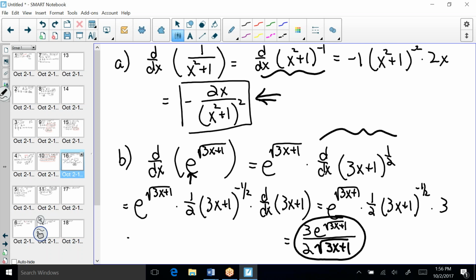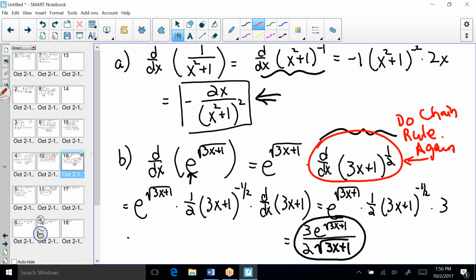So we have to take the derivative of 3x plus 1 to the 1/2 power, that's square root. But then you see with this part, we have to actually do the chain rule again.